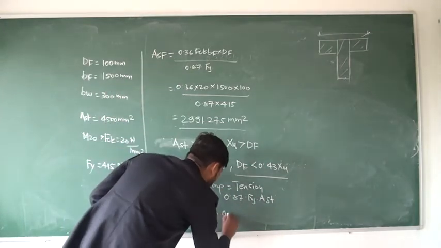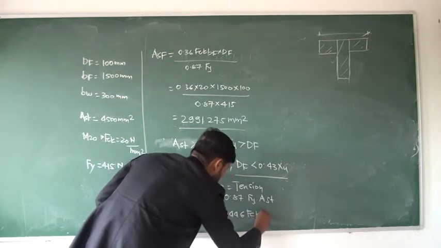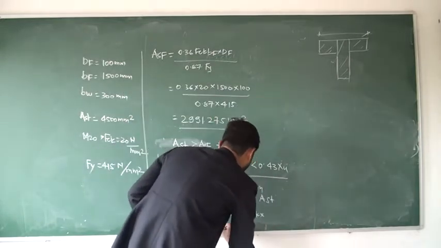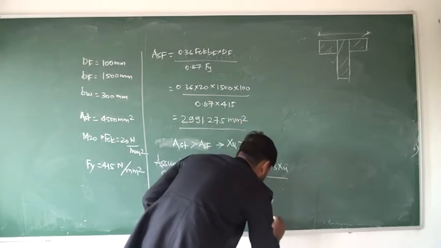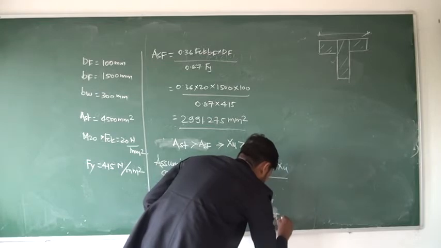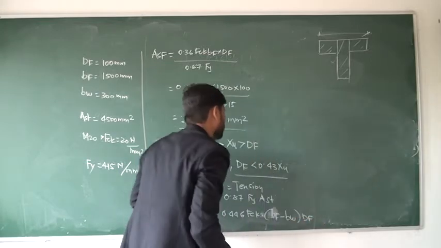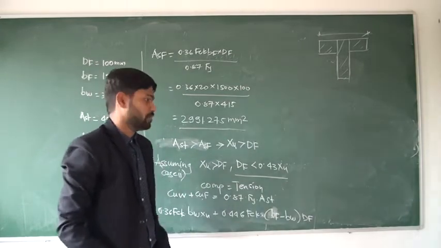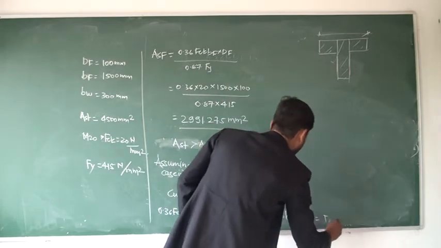CUF is 0.446 FCK into (BF minus BW) into DF. This is compression in the flange, and it is equal to 0.87 Fy AST, that is your total tension.